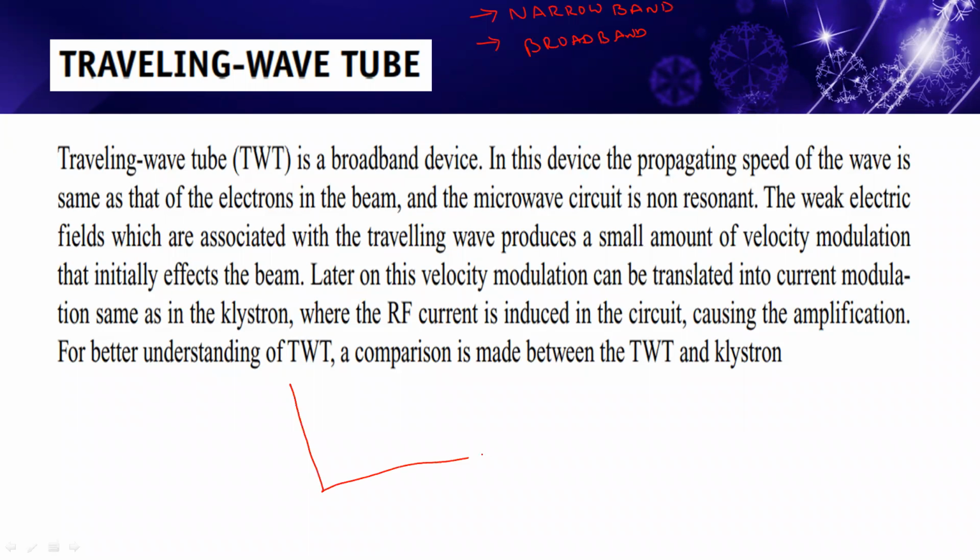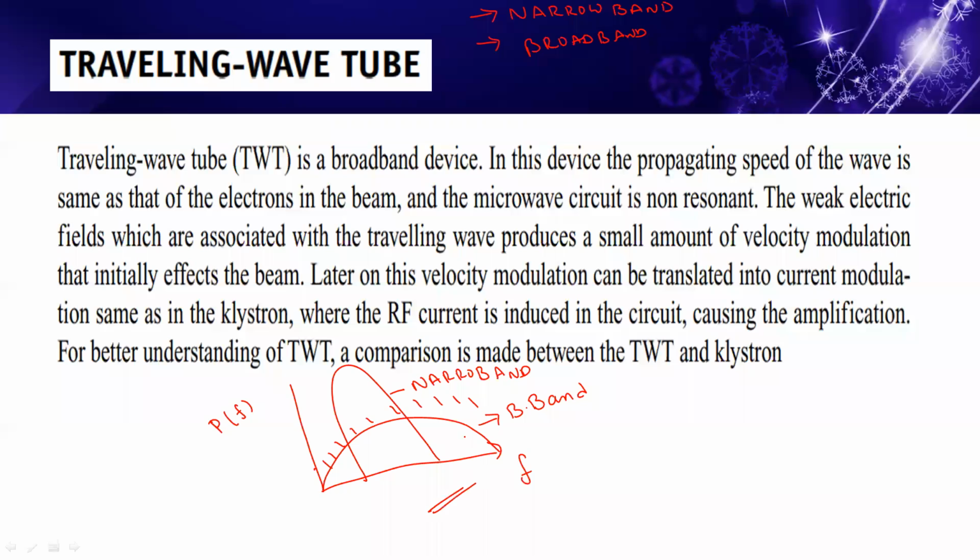If you draw frequency versus power, this is the broadband. Other devices have some particular narrow band. The traveling wave tube is a broadband device.